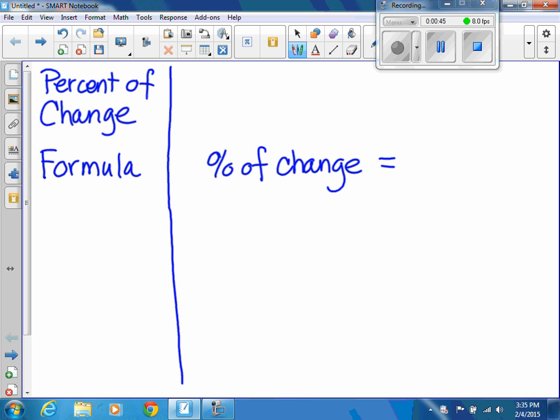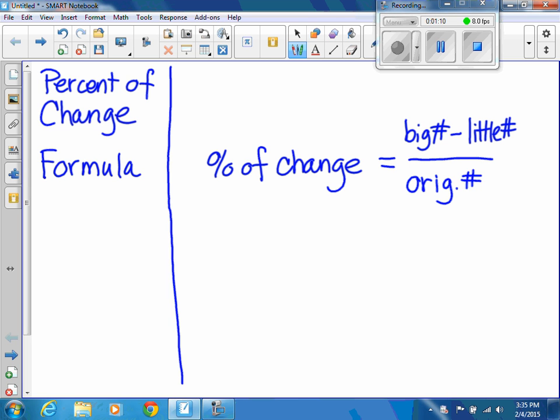So the percent of change is equal to a fraction. It's going to be the big number minus the little number, and it's all over the original number.